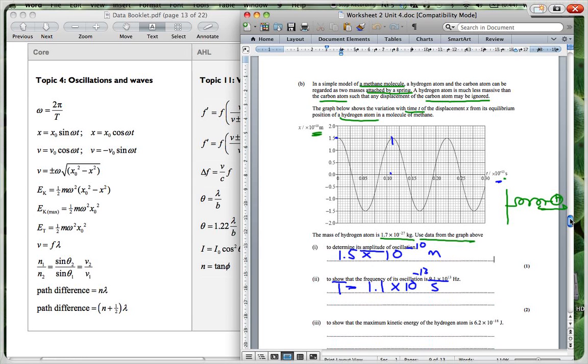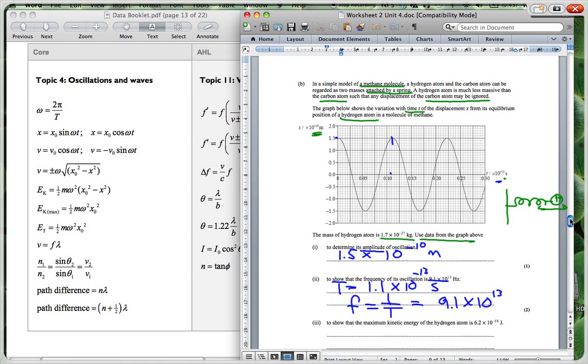Alright, so we've got 1.1 times 10 to the minus 13 seconds, and your frequency is equal to 1 over T, which would equal 1 over that value there, and you should get a value of about 9.1 times 10 to the 13. Sorry, let me just check something here.